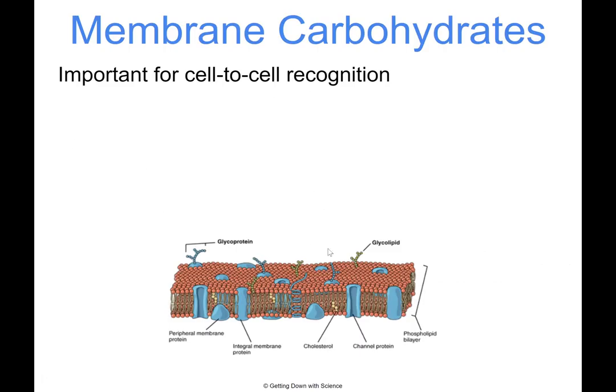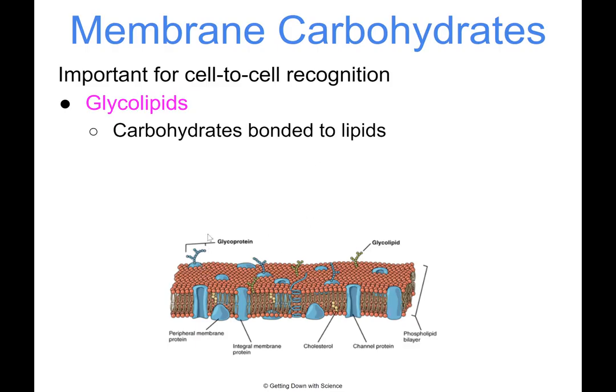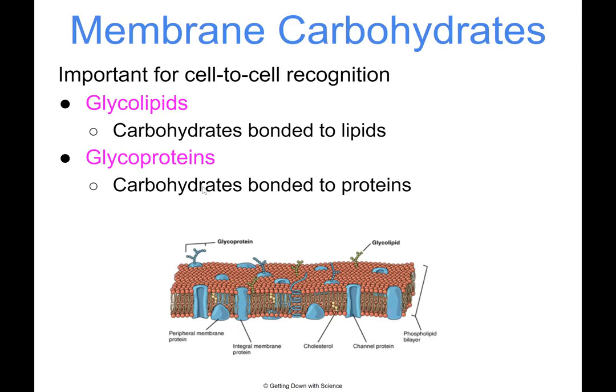The membrane-bound carbohydrates, like our glycolipids, so carbohydrate with a lipid chain on it, and glycoproteins, same concept. These are carbohydrates bound to lipids. So those are the green chains you see here. And glycoproteins are the blue chains bonded to proteins.